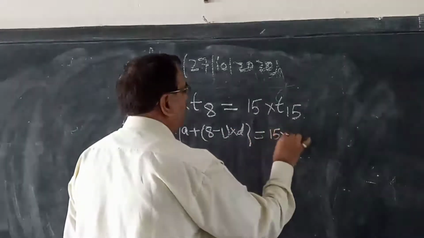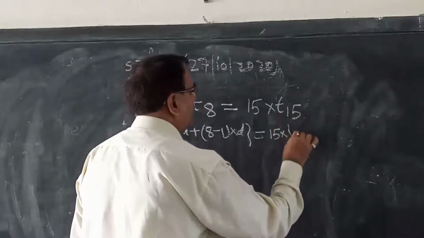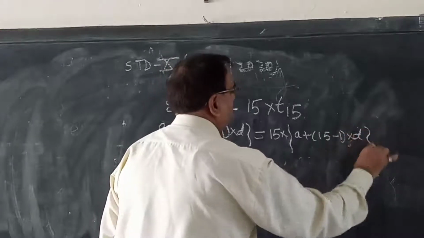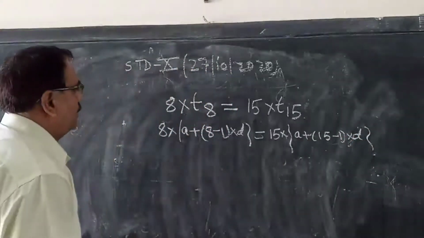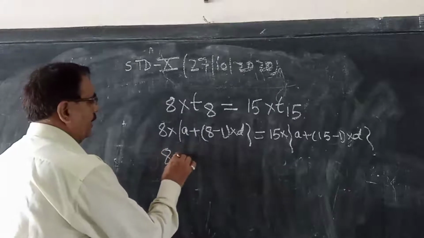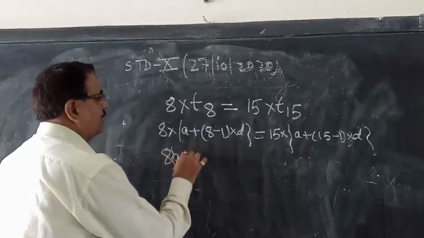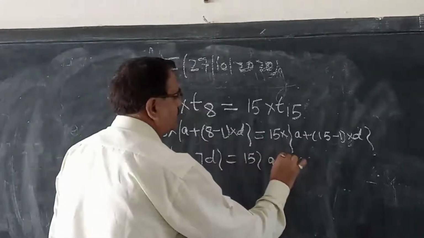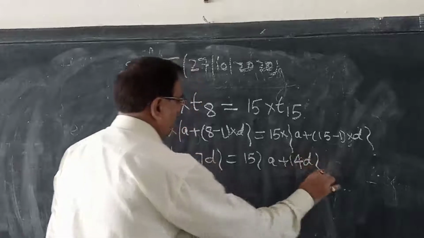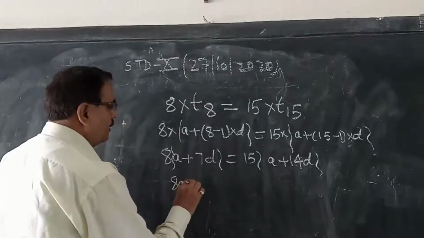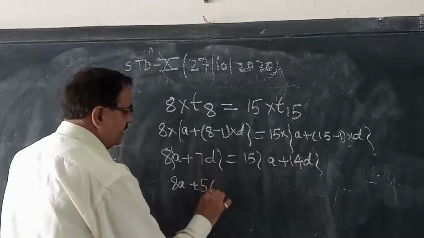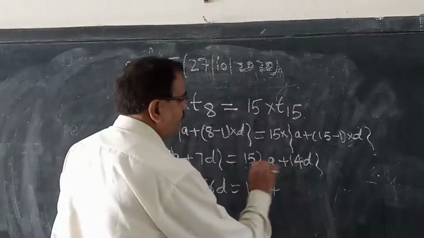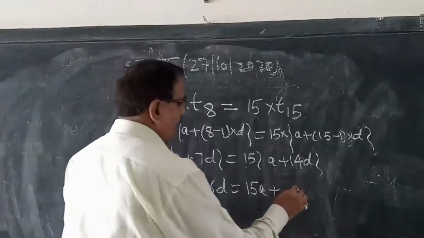Okay, 15 into T15 means A and 15 minus 1 into D. Now simplify it. 8A plus 7D, 15 into A plus 14D. 8A plus 8 times 7, 56D, is equal to 15A plus 15 times 14. Multiply it.